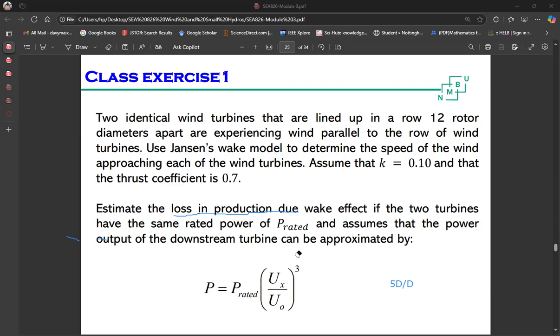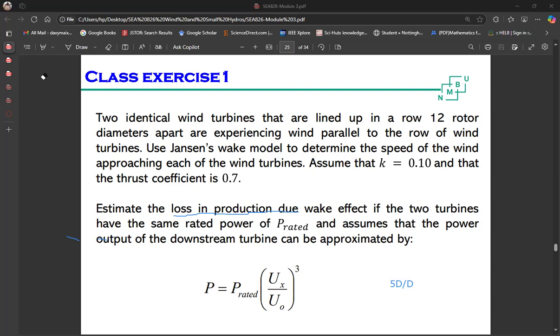If you are experiencing wind speed at the first turbine being U0, that means it will give you the rated power. So in terms of power, we also don't have to calculate anything in the first, upstream turbine. But when it comes to the downstream turbine, we are given the formula: the power is equal to P rated, multiplied by the speed of wind in the downstream turbine over the speed of wind experienced in the upstream turbine, and then we cube it.